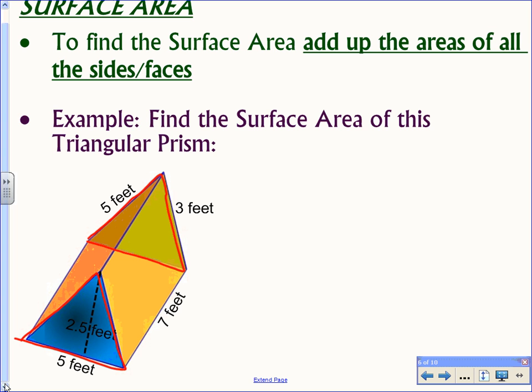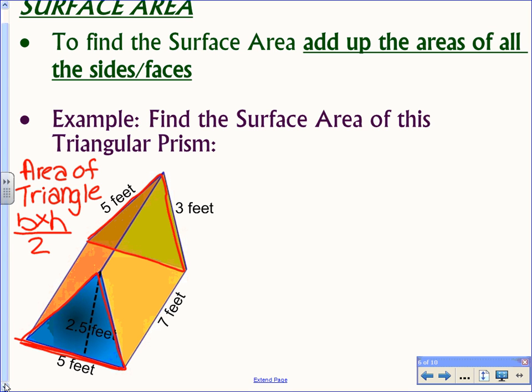Now to find the area of a triangle, you multiply the base times the height, and divide by 2. So the base is this bottom side of the triangle, which in this case is 5, by the height, which in this case is 2.5, and then divide that by 2. So for future reference, that's how you find the area of a triangle.